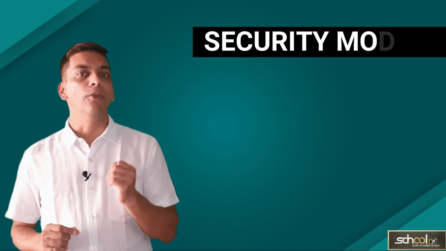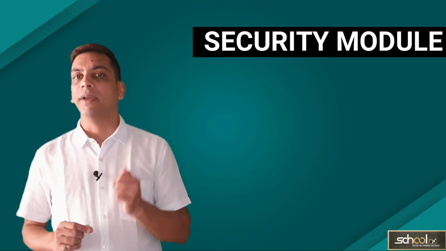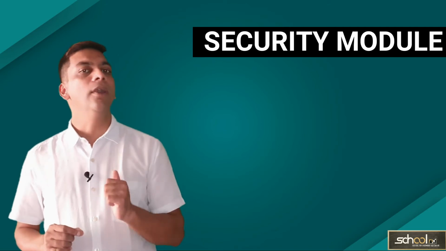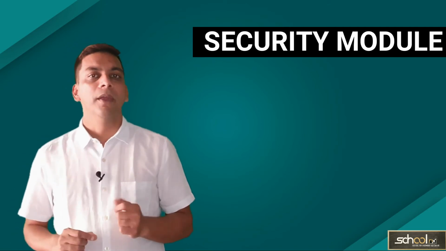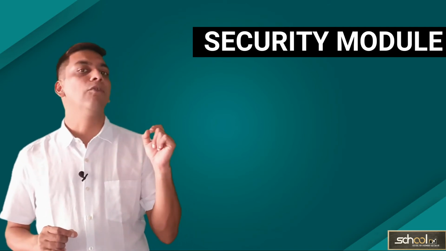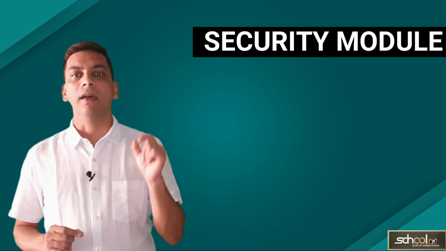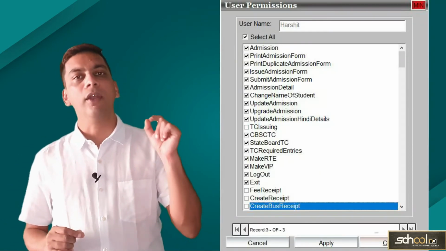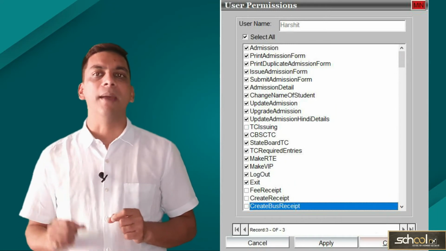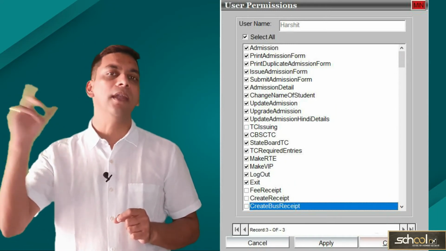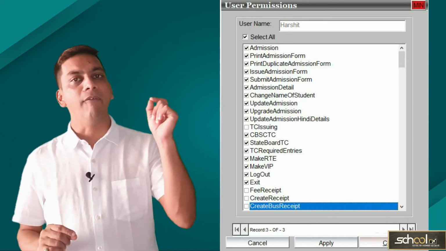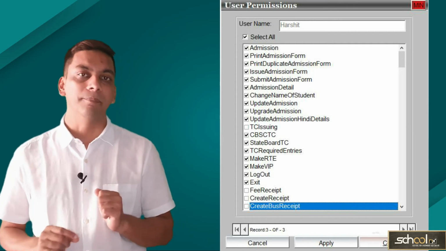Now, beginning with the last but not the least module, the security module. Most school owners have doubt in their mind that their software data can be easily seen or changed by anyone and they won't even know about it. But this doesn't happen in School NX software. Here you can have user level accounts and provide them permissions as per your need and get control on every activity of your school software.